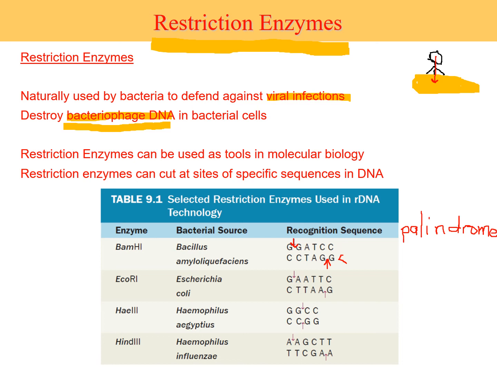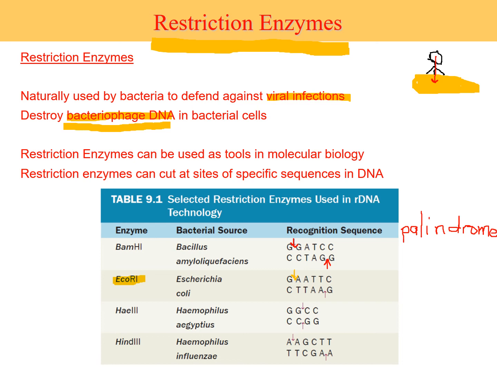This is another example. The second one is EcoR1, the restriction enzyme EcoR1. EcoR1 isolated from E. coli. The recognition site is GAATTC.